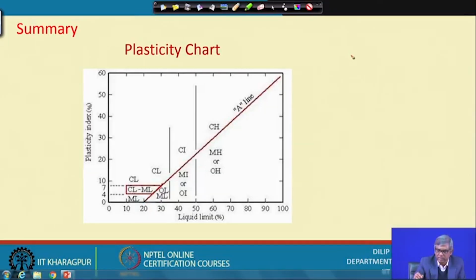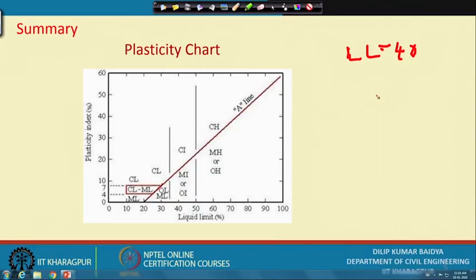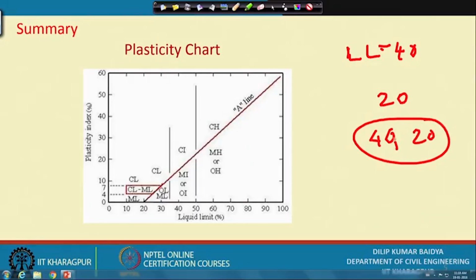If a particular soil has a liquid limit equal to 40 and a plasticity index equal to 20, then I will put 40 and 20, 40 here and 20 here. So, it will come somewhere here. That means based on the plasticity test of the soil, I will put that point in this chart, and depending on the position of the point I can classify the soil.